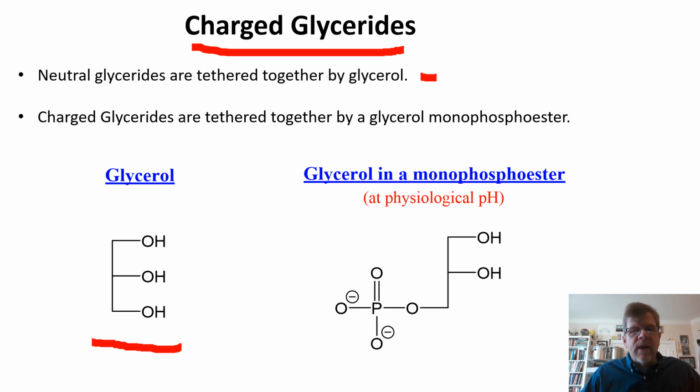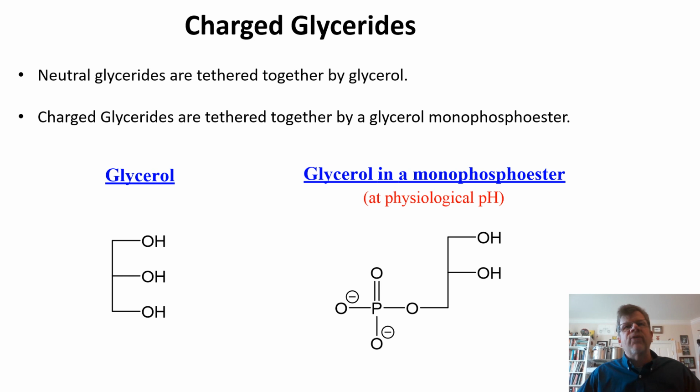Now, we're going to start to introduce what are called charged glycerides. So we're thinking about structures at physiological pH. When we think of a charged glyceride, one of those ionizable groups we looked at before, the amine, the carboxylic acid, and especially the phosphoester, they are charged at physiological pH.